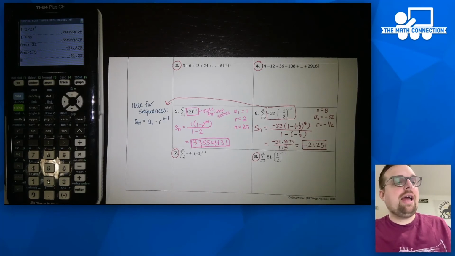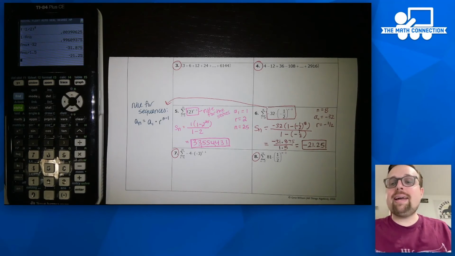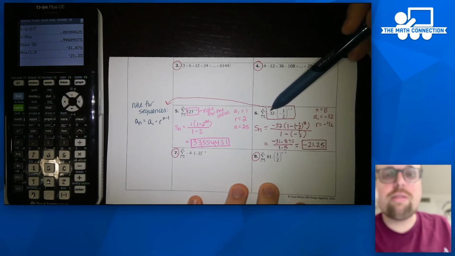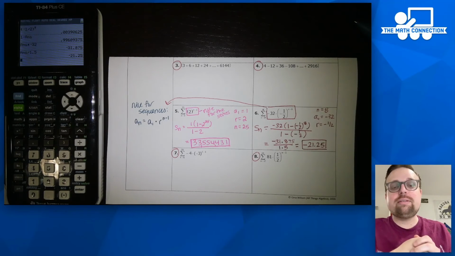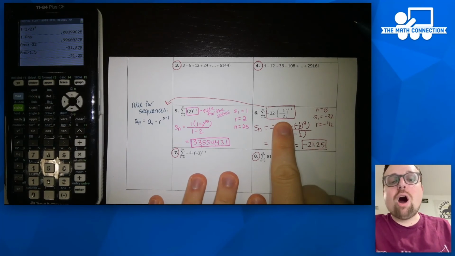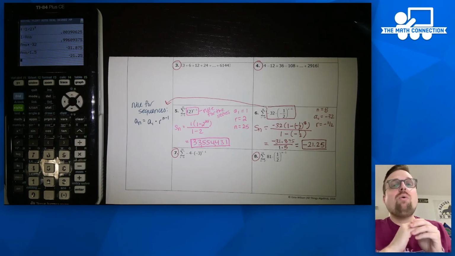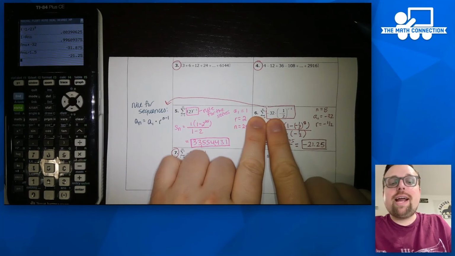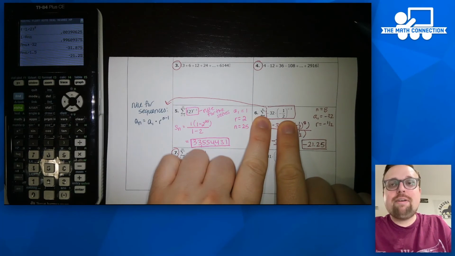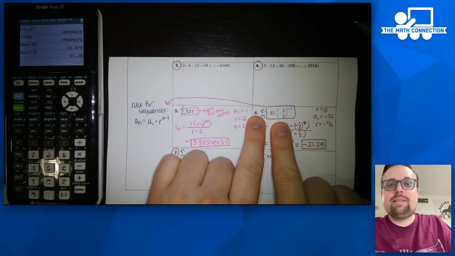Now you might be questioning yourself, well, is it okay that the answer for this series is a negative number? And the answer to that question is yes. And the reason I know it's okay is because I started with negative 32. The first term in that series is negative 32. My r value is negative 1/2. So what's happening is when I find my second term, I'm going to multiply these together. Negative 32 times negative 1/2. That's a positive value, and 1/2 of 32 is 16, so negative 32 plus 16.